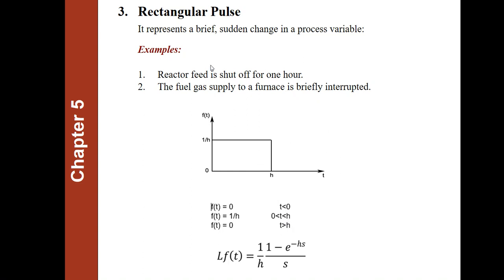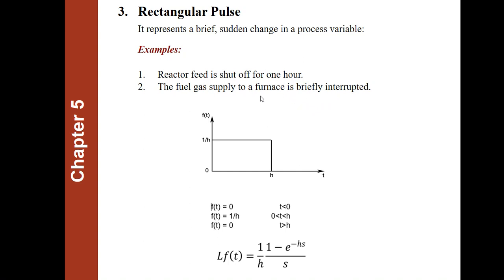And as to how much has been the change from the value of the feed of the reactor from the time that it was closed, that would be simply the value of the previous reactor feed, whether it be volumetric flow rate or mass flow rate. Okay? And then another example cited here is the fuel gas supply to a furnace which is briefly interrupted.